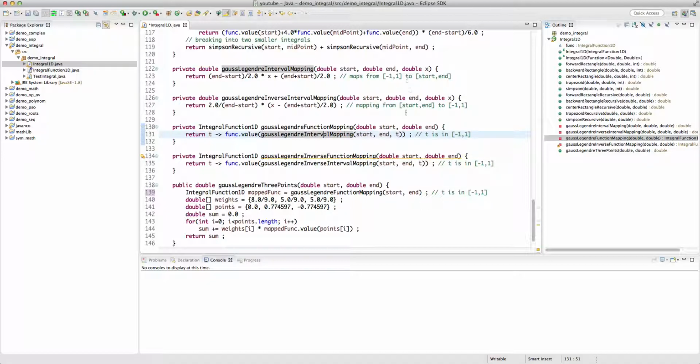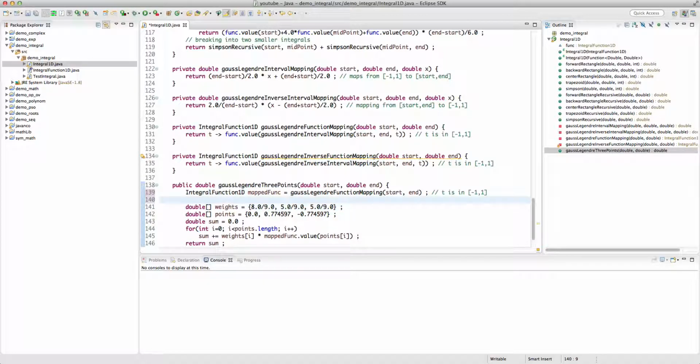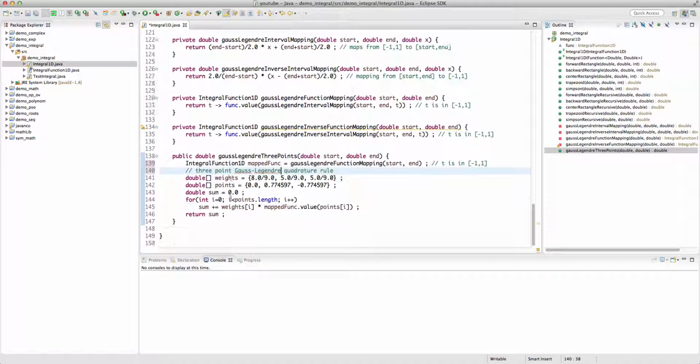Okay, and then we sum the value of the mapped function at the quadrature points, which is defined for a 3-point quadrature rule. So we are doing a 3-point Gauss quadrature rule, Gauss-Legendre quadrature rule. The weights and points have closed form solutions as long as our function is defined between -1 and 1, right?